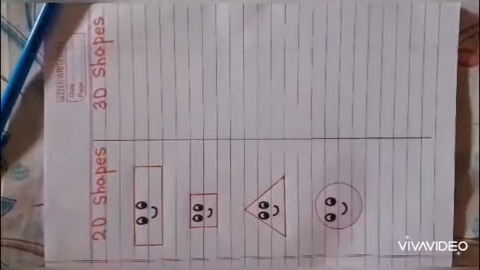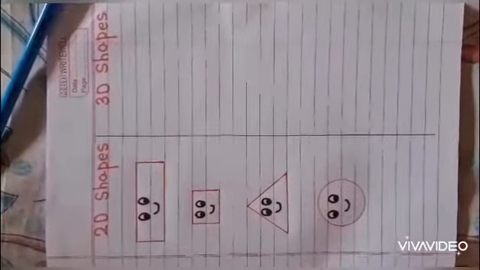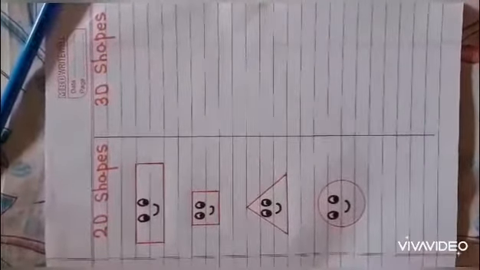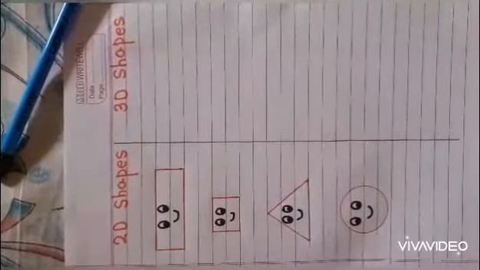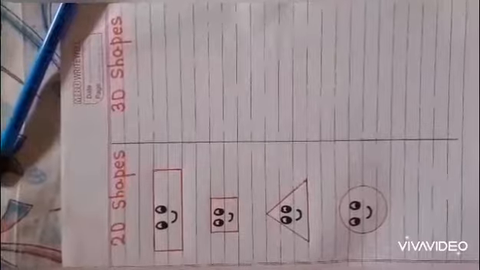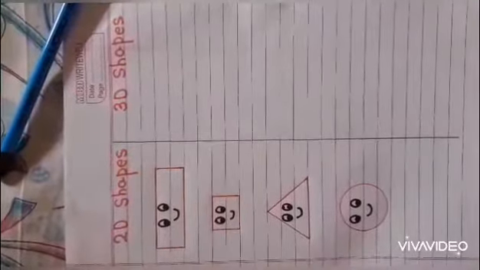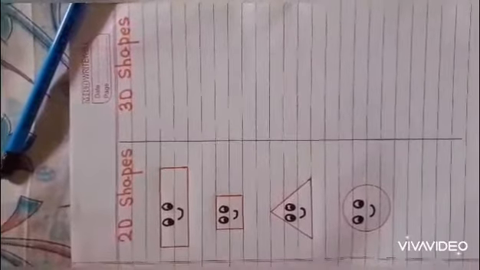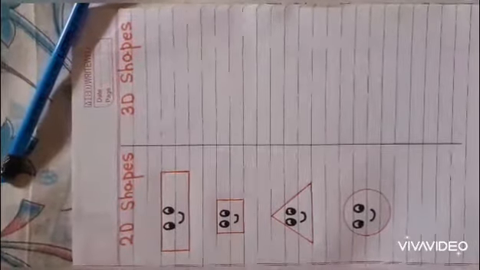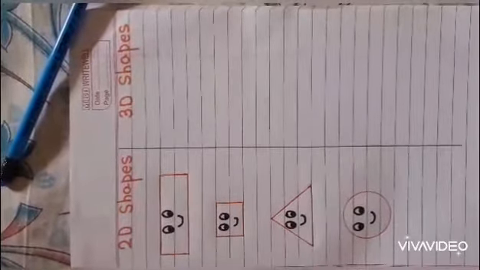Now we will see which 3D shapes exactly look like 2D shapes. Before that, first revise. 2D shapes means the shapes which we can draw on paper, and 3D shapes means the shapes which we can hold in our hand.